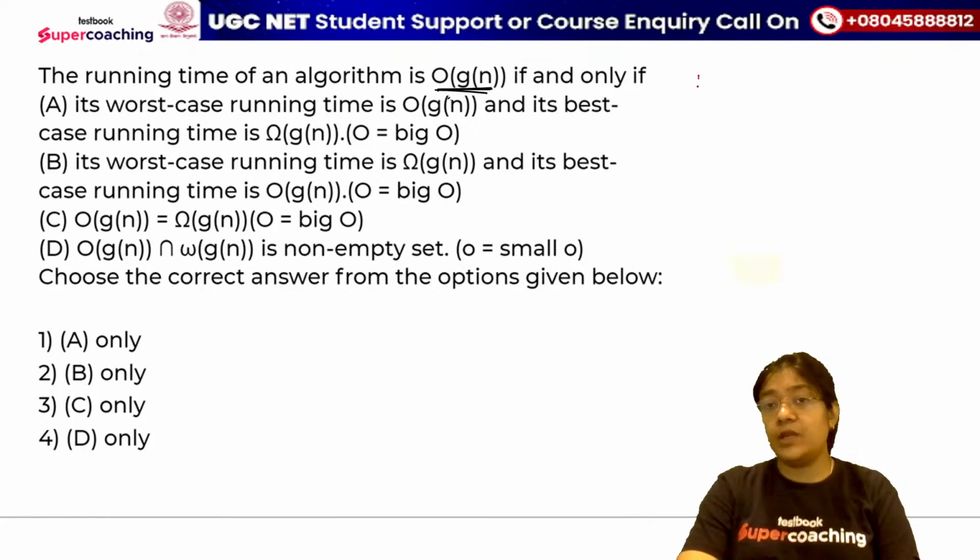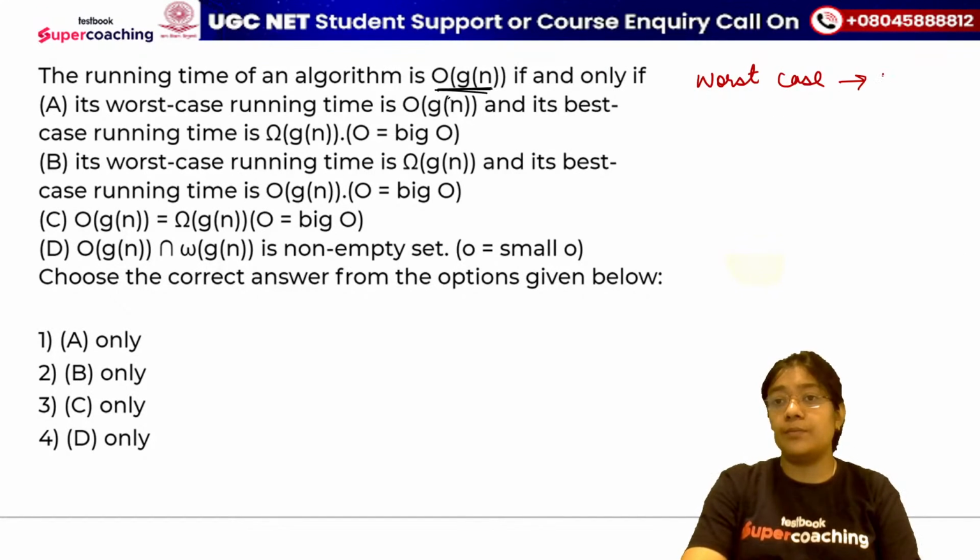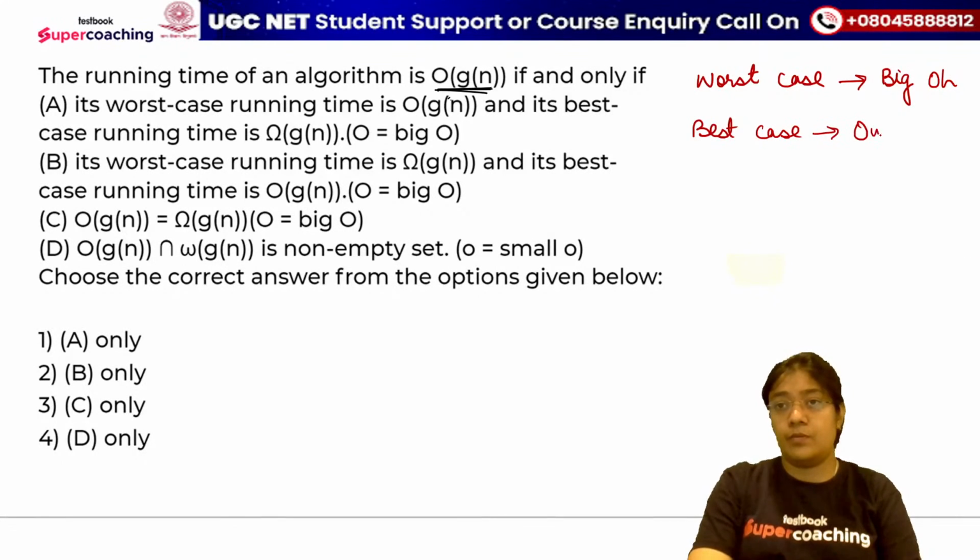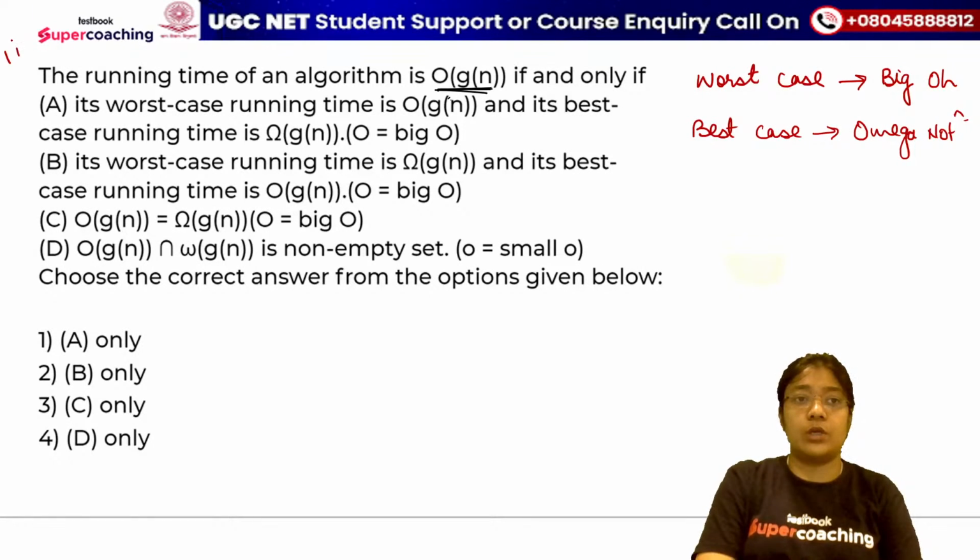For the worst case we use the big O notation, and for the best case we use omega notation.